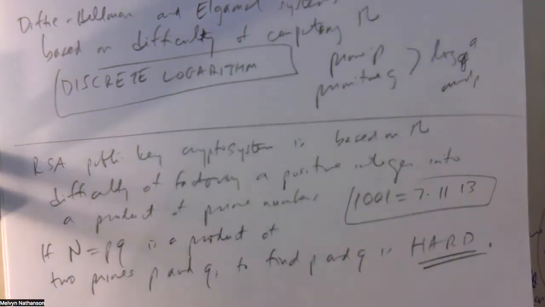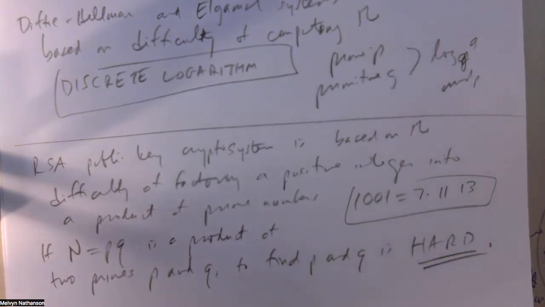Again, there's no proof that it's hard. It is the fact that many people for many years have tried and failed to come up with an algorithm to factor an integer n into a product of primes.